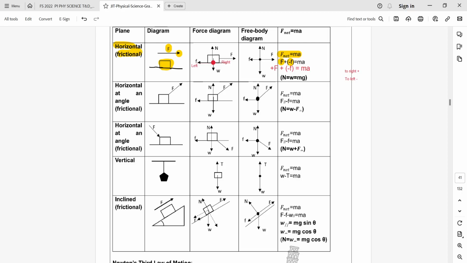Remember the previous demonstration of the block, it was inclined at 30 degrees from the horizontal plane. Now the force is applied on the object, but it is going upwards. The force is going in an upwards direction, but the object is still on the horizontal plane.